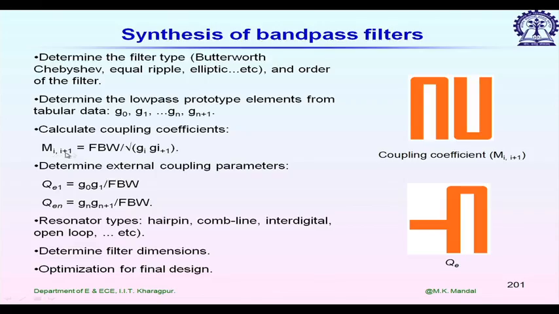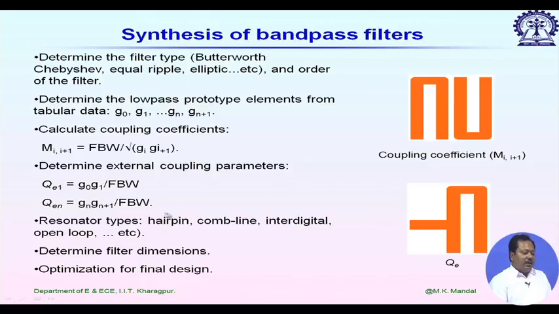Then calculate the coupling coefficient. You have to determine the number of resonators from the order of the filter, and then the required coupling coefficients, that means you basically have to synthesize the coupling matrix. So M i,i+1 is already defined, we discussed previously. Then determine the external coupling parameters, and choose the type of resonators.